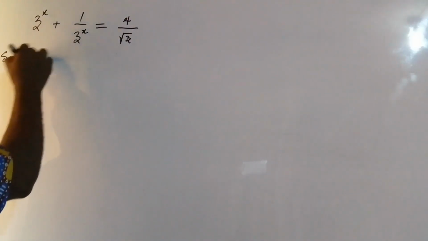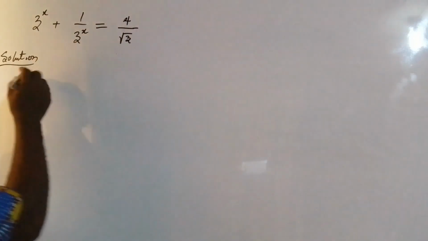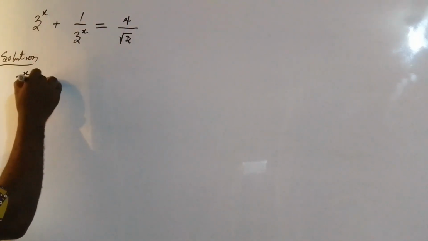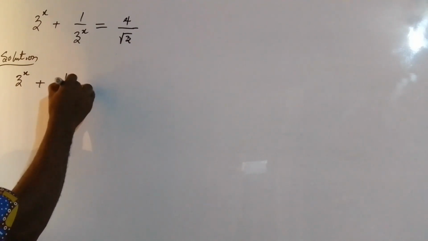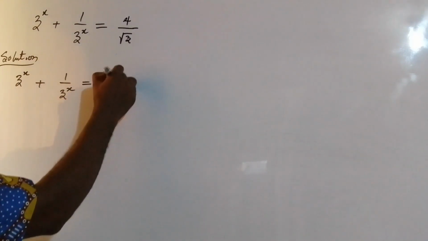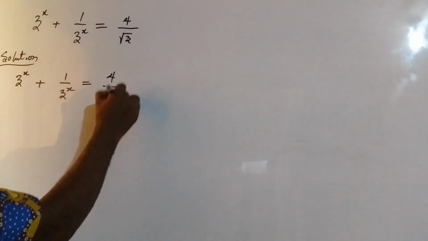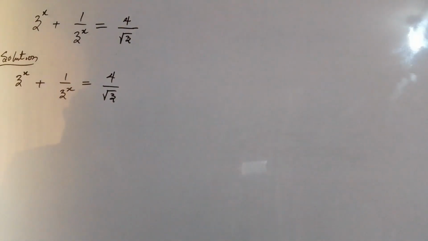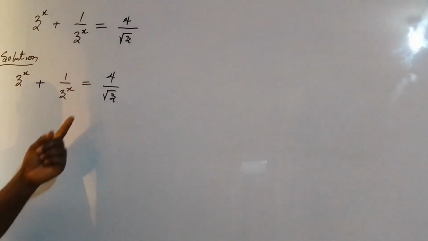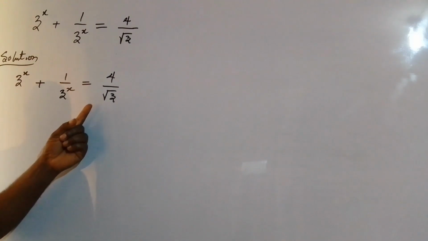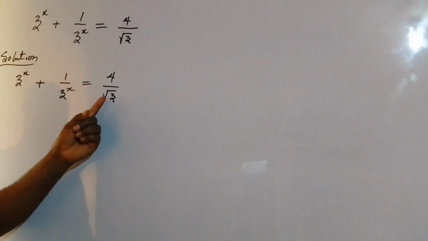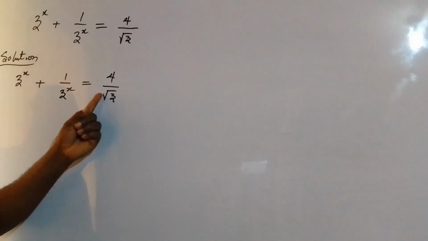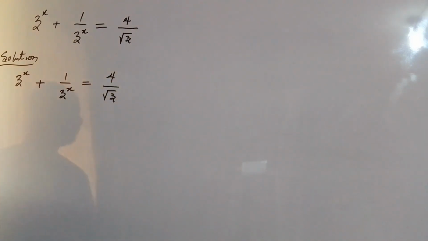So we have the solution. We have 3 to the power of x plus 1 over 3 to the power of x equal to 4 over root 3. First, I'm going to rationalize the right hand side.